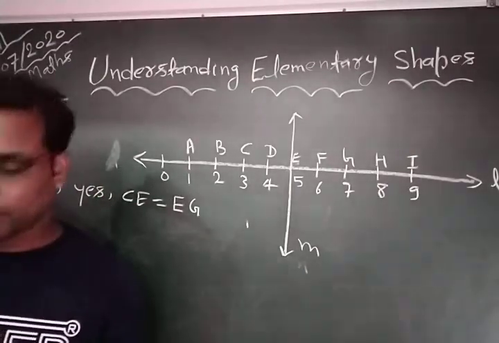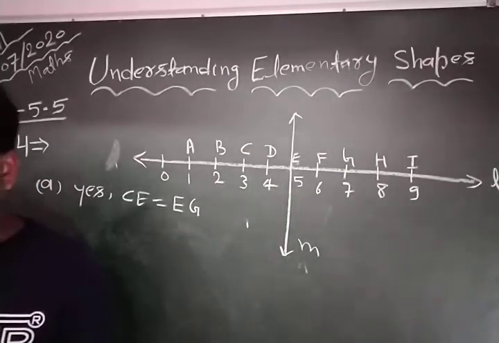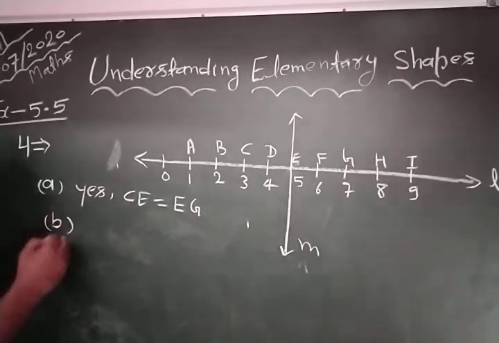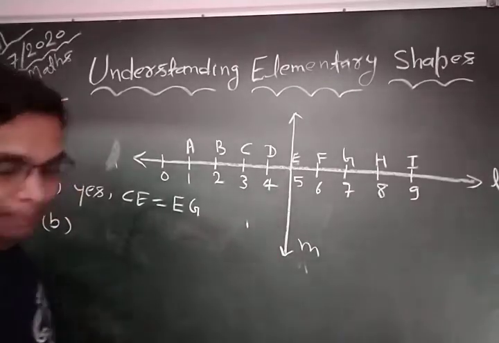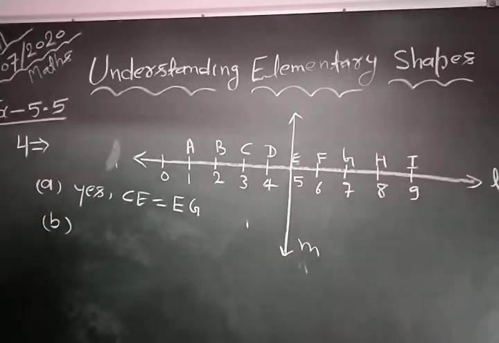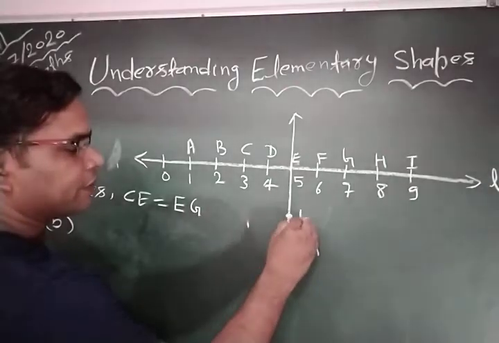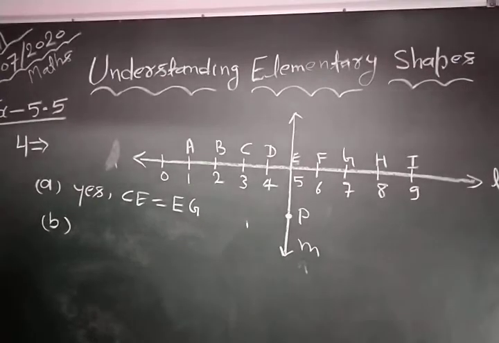Clear? Now B part of this question is: does PE bisect CG? Where is PE? Here is point P. Does PE bisect CG?